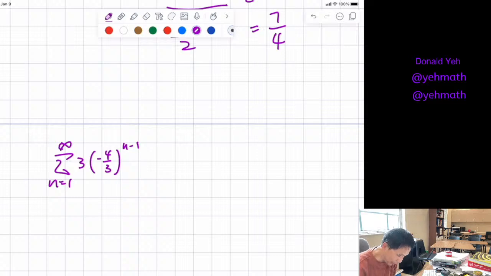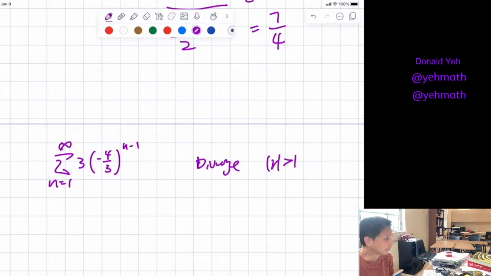What do you think about this one? This one is what? Diverge. That's it. Super easy. Why? Because r is greater than 1. You're done. You just have to recognize that r is greater than 1.